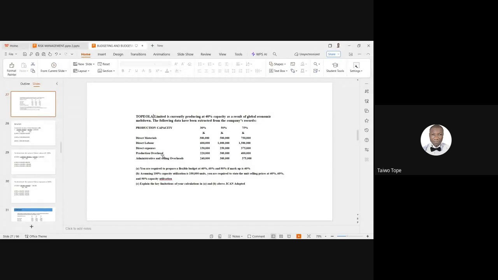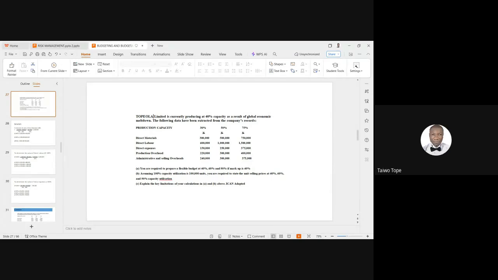Now, the total production overhead at 75% will be 400,000. The total cost of production overhead at 30% will be 220,000.